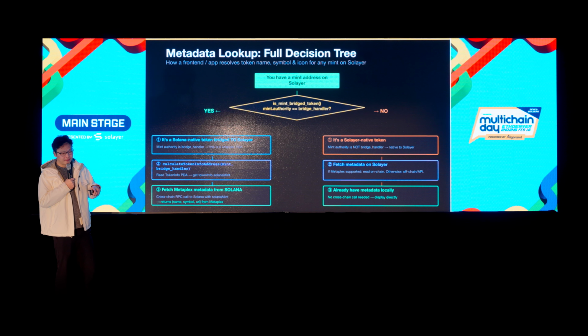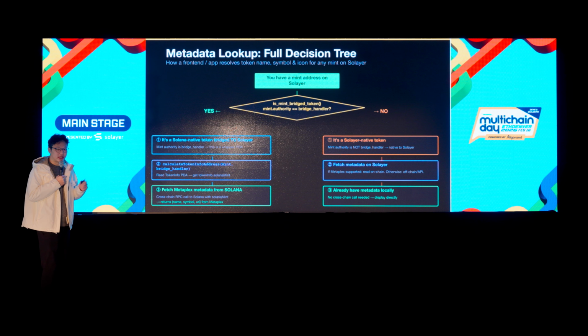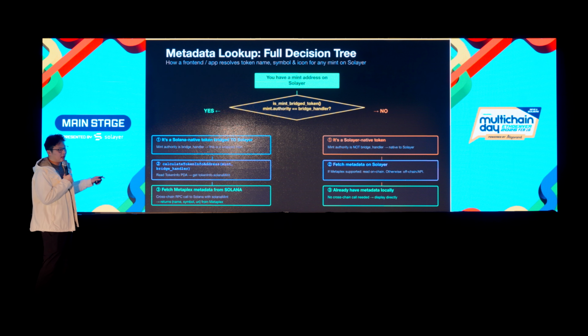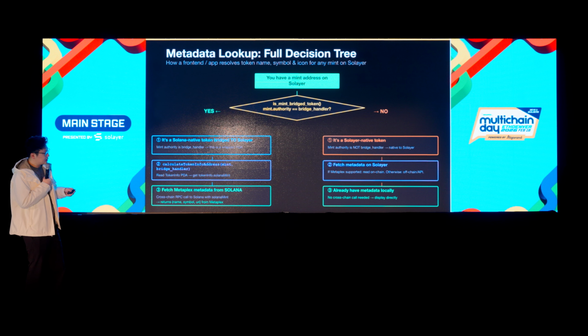So there's a function which you can call, it's called is mint bridged token. And the way to check it is to check if the mint authority is the bridge handler. And if the mint authority is the bridge handler, it means that you're able to determine that this is a bridged token, and therefore you should follow a bridged token metadata lookup. And if not, there's a native token metadata lookup.